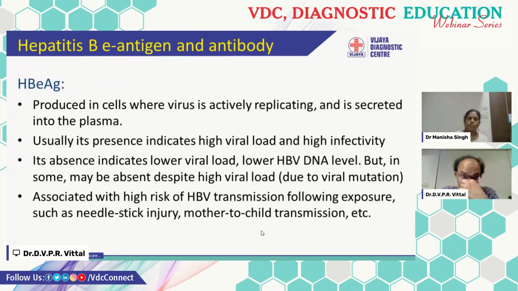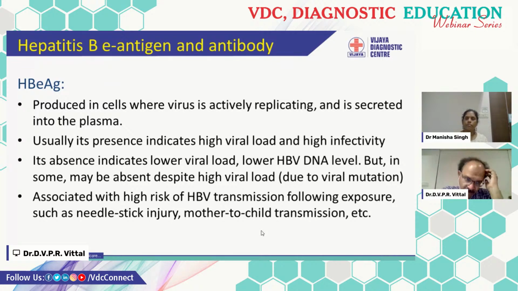Usually, when this antigen comes into the plasma or the blood and gets detected, it indicates a high viral load or the multiplication of the virus inside the body. Once there is multiplication of the virus, this indicates high infectivity of the patient.